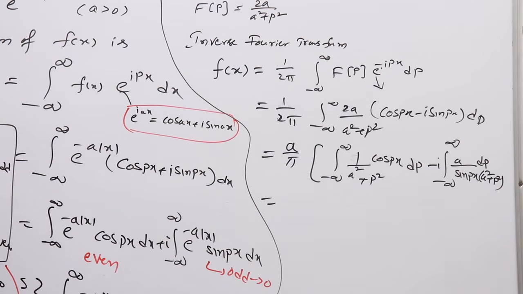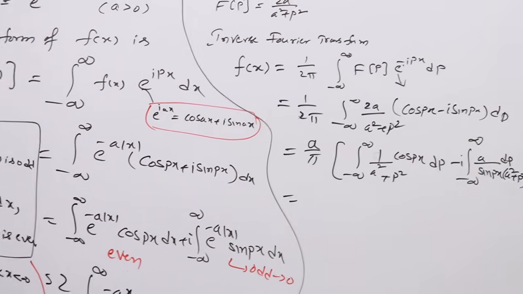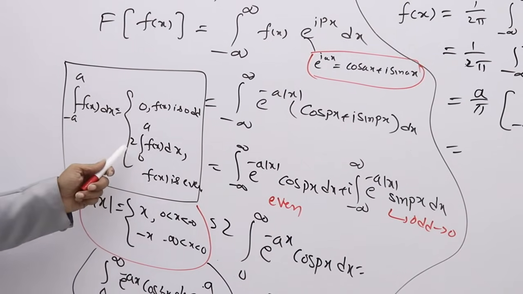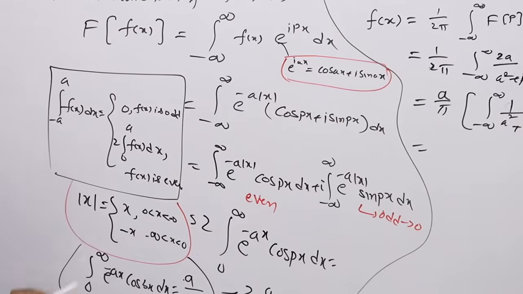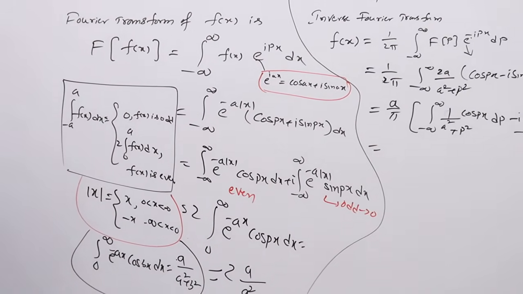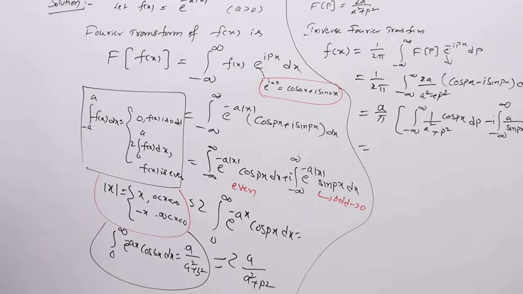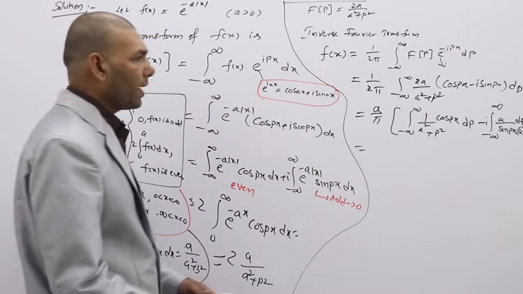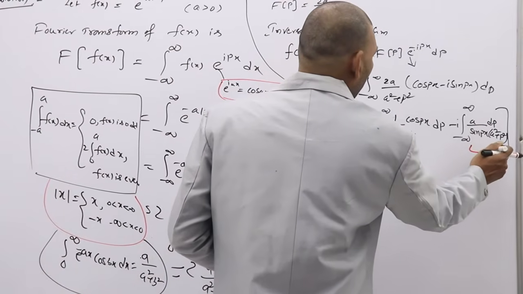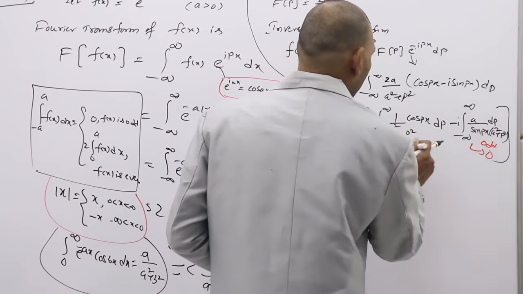Now using this formula, integral minus a to a f of x dx equals 0 if f of x is odd, and 2 integral 0 to a f of x dx if f of x is even. Sin is odd always, cos is even. So this total term becomes 0 because this is an odd function, this is even.